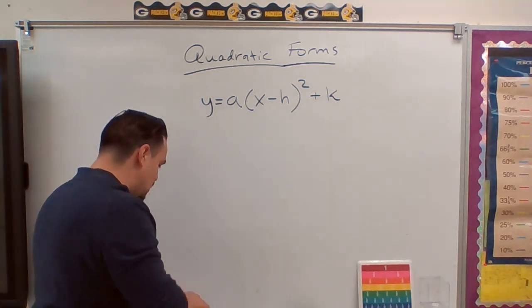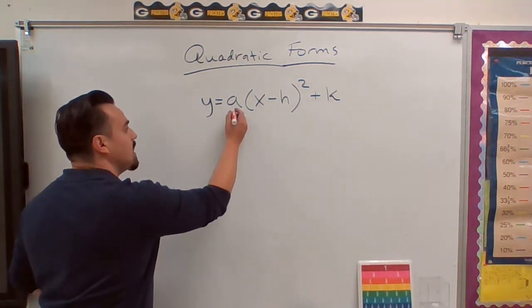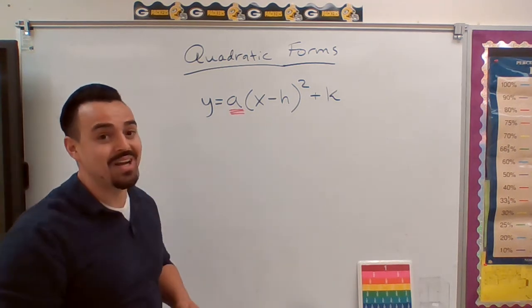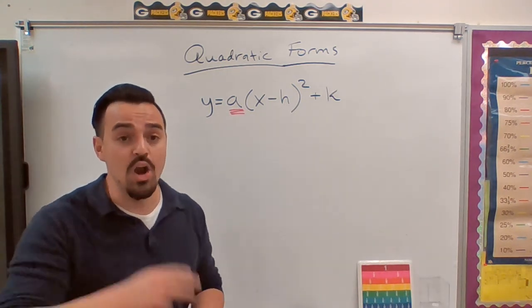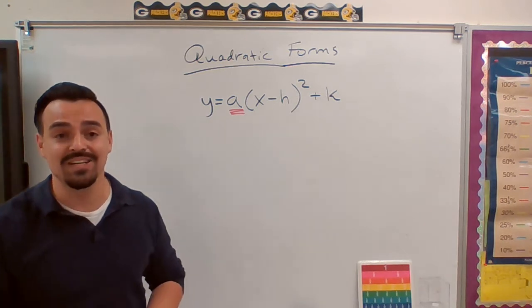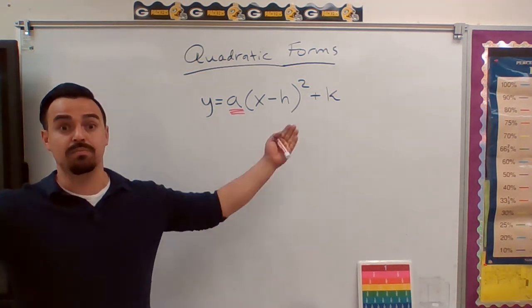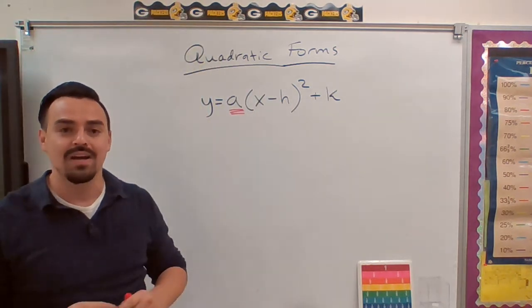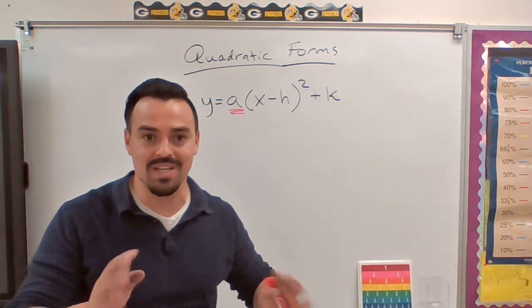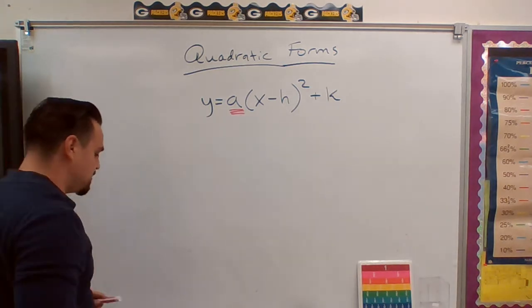Once again, let's look at our A. Our A is going to tell us whether it's a positively or negatively sloped parabola. In all three of these forms, our A tells us the same thing, whether it's going to be negatively or positively sloped, and whether it's broadly or more narrowly sloped.